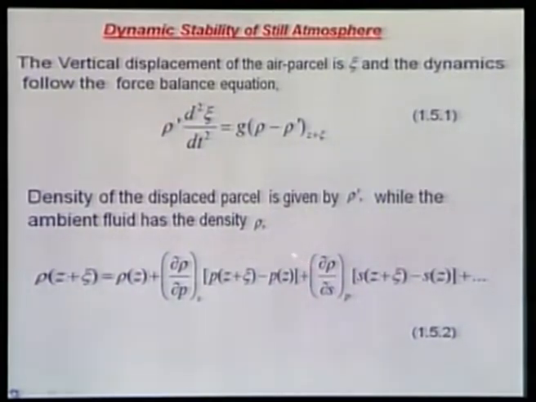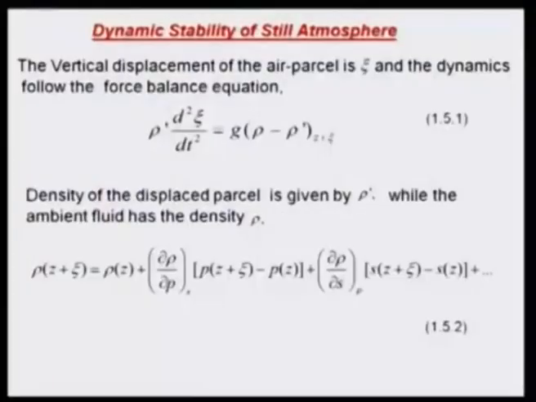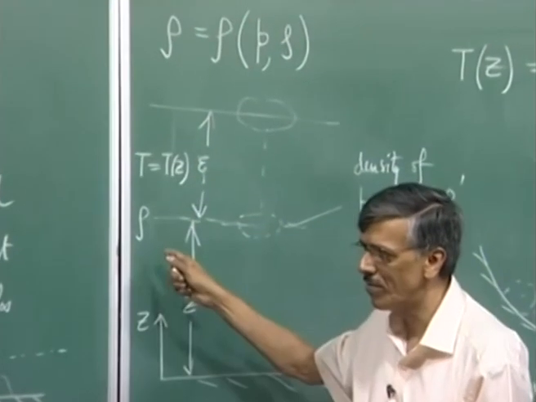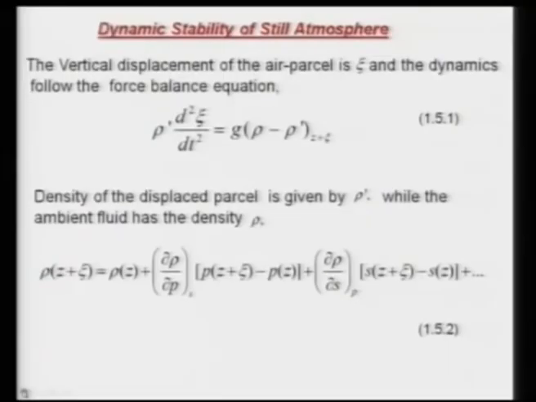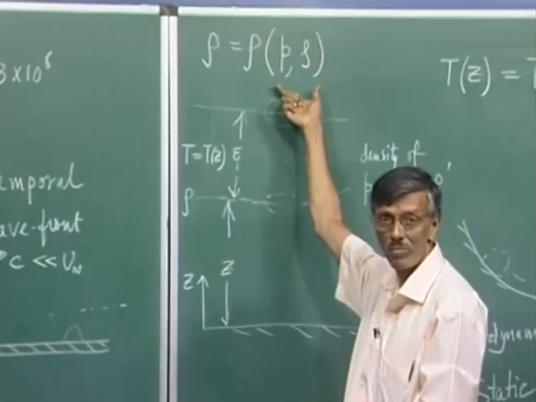Same way I could also write the density gradient with respect to entropy and change in entropy, right. So, what has happened is I am looking at the ambient air, and this is how the density varies with height because of this thermodynamic description.